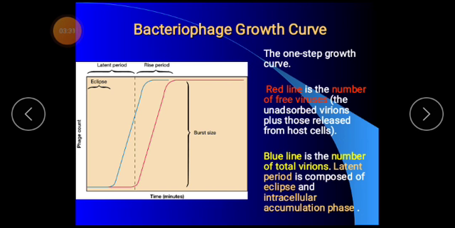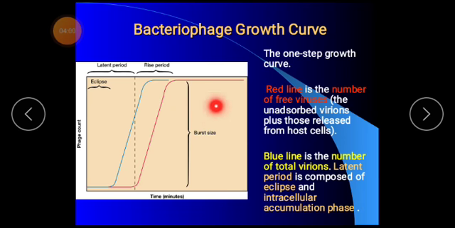So let us emphasize this by grouping those periods in one curve, the one-step growth curve. The red line is the number of free virus, the unadsorbed virions plus those released from the host.